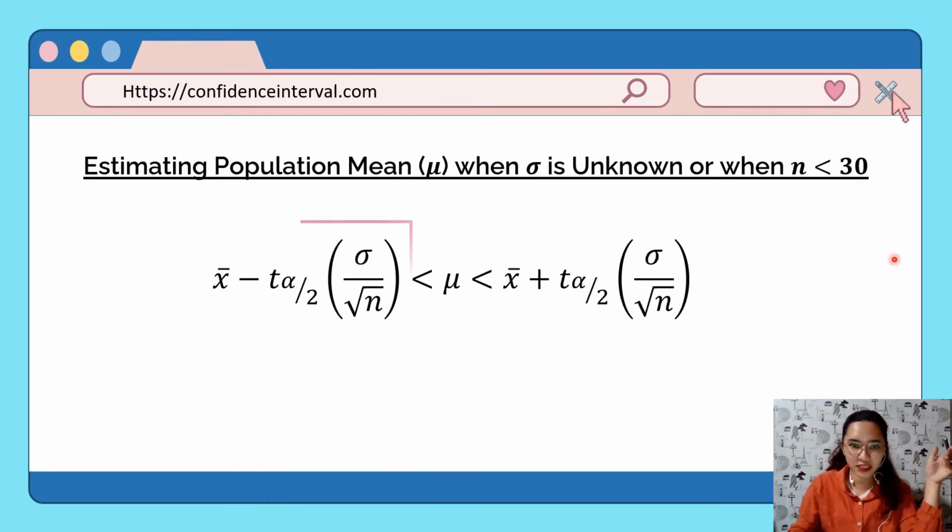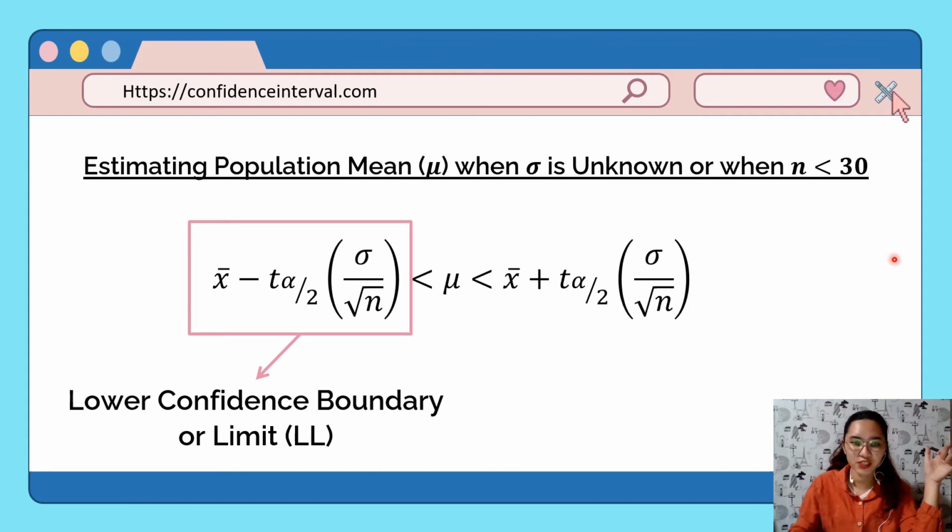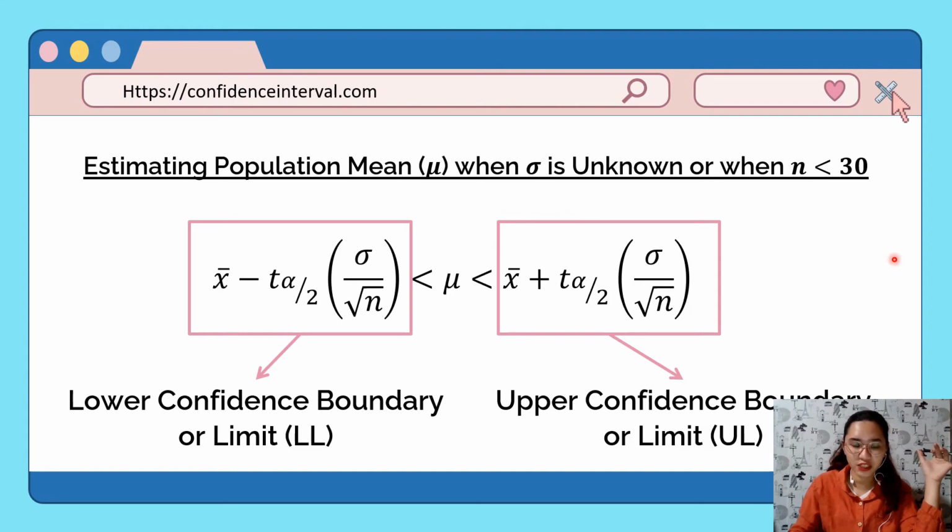So, sa formula po natin, itong part po na ito ay ang ating, again, ang lower confidence boundary or lower limit. At itong part naman po na ito, ang ating upper confidence boundary or yung ating upper limit ng interval estimate. And again, ito pong minus at idinadagdag po natin sa sample mean is our margin of error or letter E. Yan.